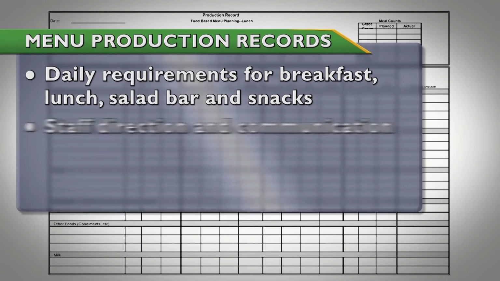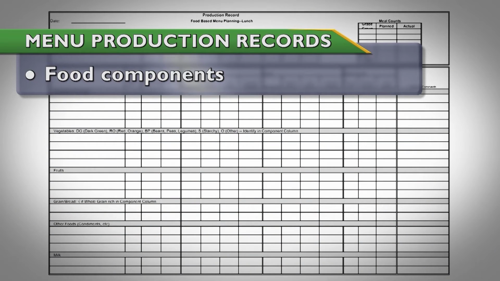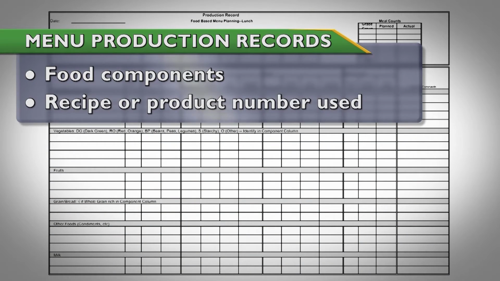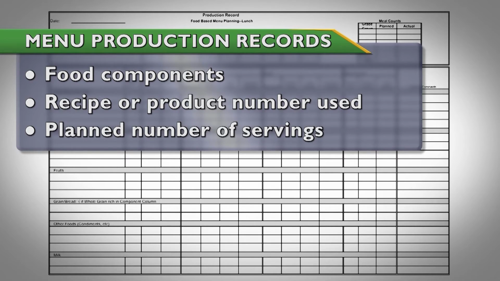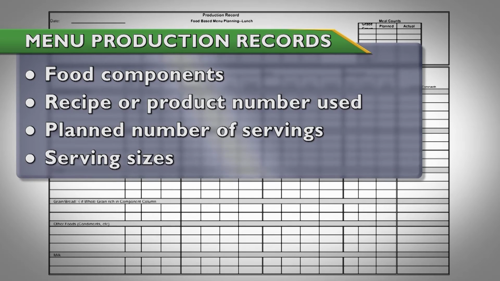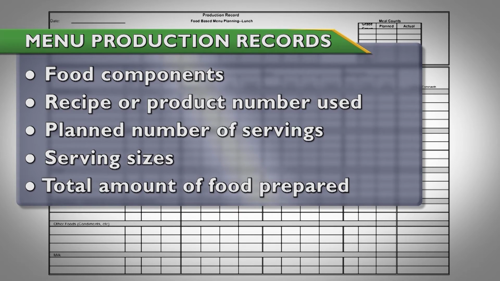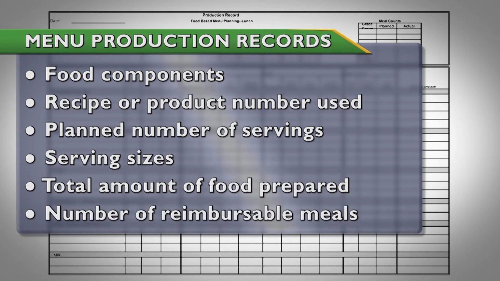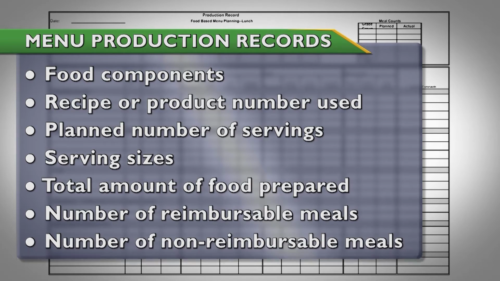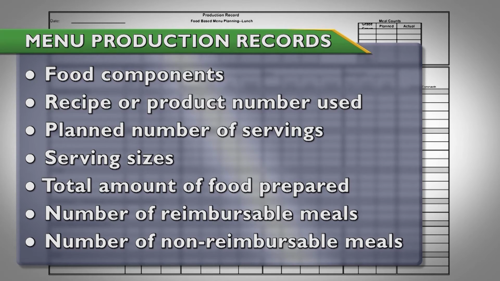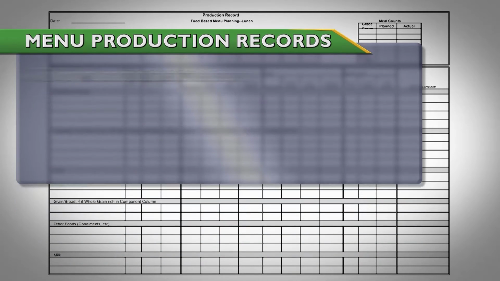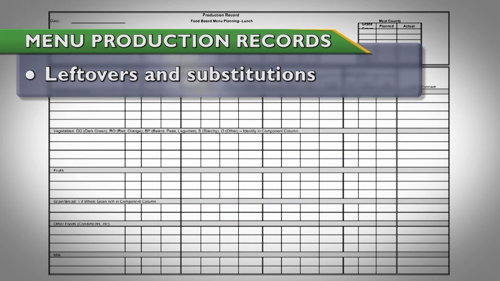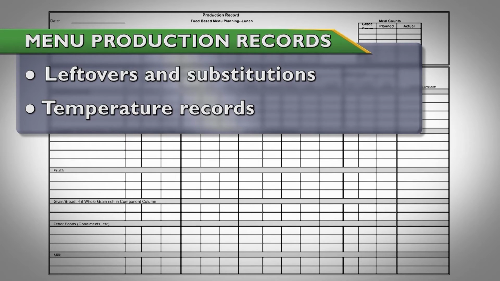The required contents of the production record are food components, the recipe or product number used, the planned number of servings for both students and adults, serving sizes, total amount of food prepared, actual number of reimbursable meals, the number of non-reimbursable meals, that is, those served to adults and those served a la carte, leftovers and substitutions, and temperature records.